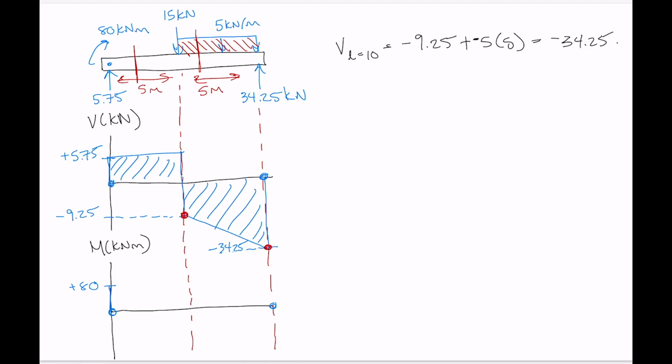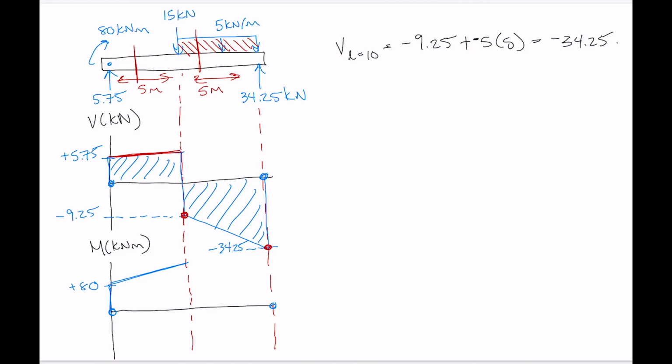Now there's no other point moments, so all that we need to do to draw the moment diagram is look at the shear diagram. From 0 to 5 meters, we've got a constant shear value of positive 5.75. The value of shear gives the slope of the moment diagram, so we've got a linear line with a positive slope. There we go. Where do we get to?